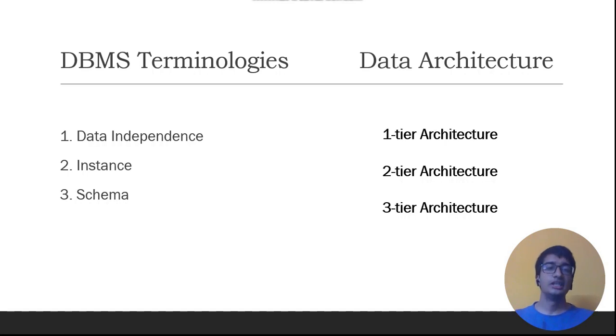The next thing is database architecture. It is broken down into three main categories: first tier, second tier, and the third tier. The first tier is also known as the single tier architecture. It is also called a standalone architecture. This is the simplest form of a database architecture.